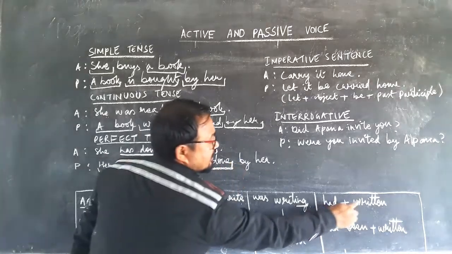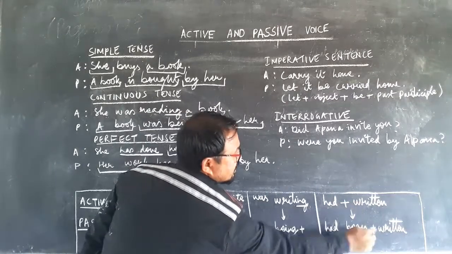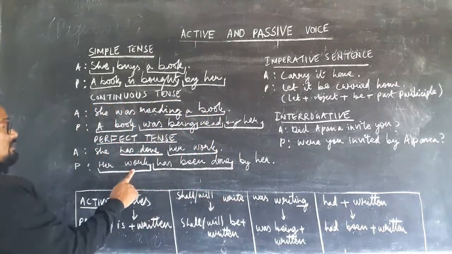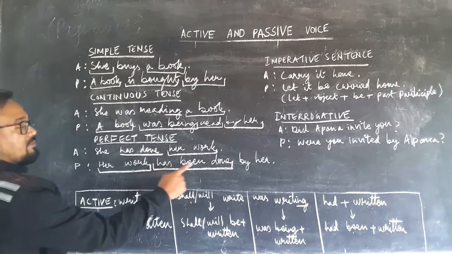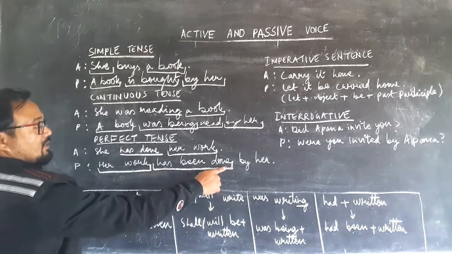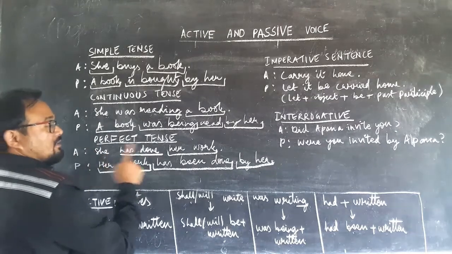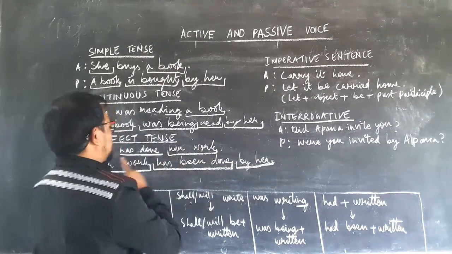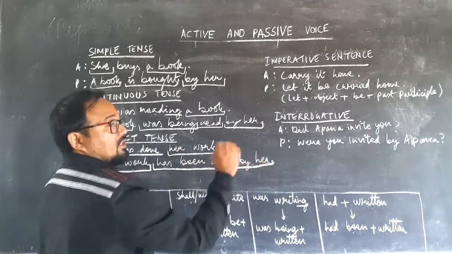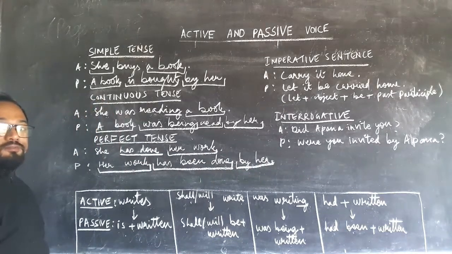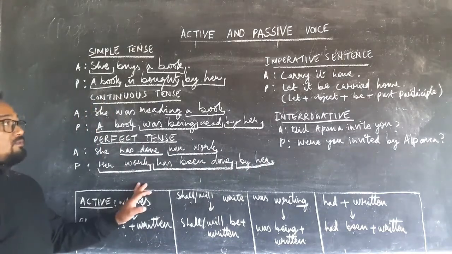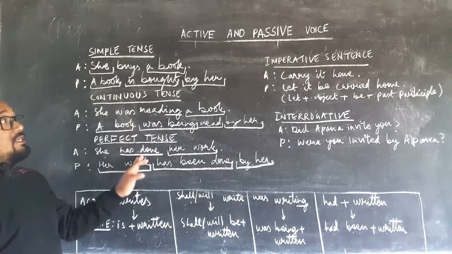See here, had written, so here had been written. In the same way here in the perfect tense, so has been done by her. Again this she, by adding by, changes into her in the passive voice. So this was your tenses.